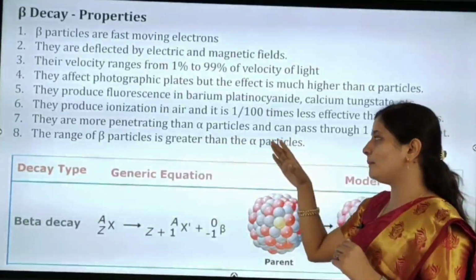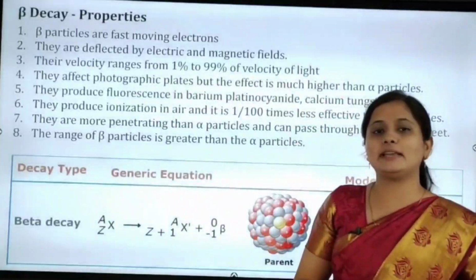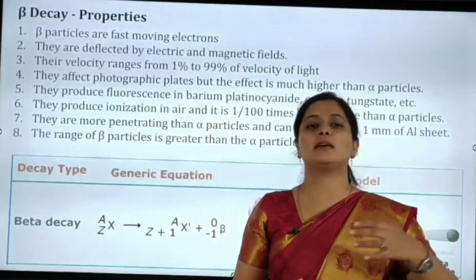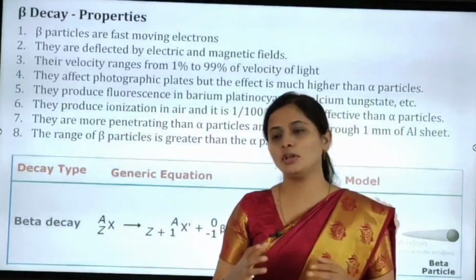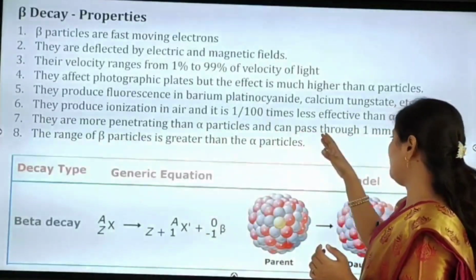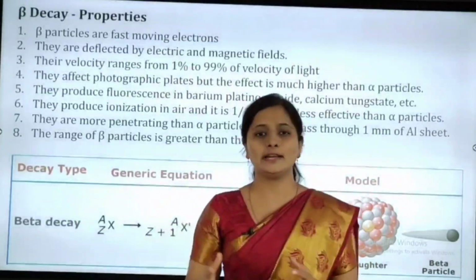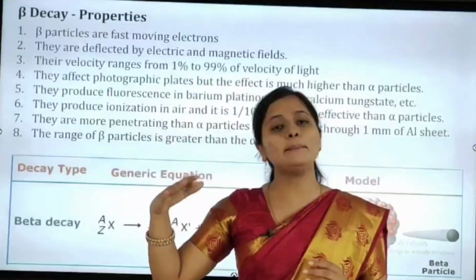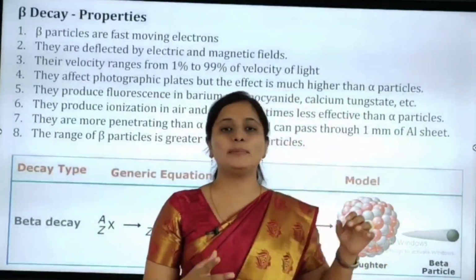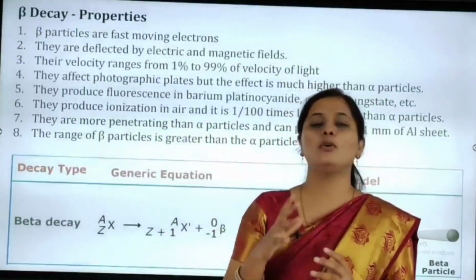Next, the seventh one: they are more penetrating than the alpha particle. The alpha particle is less penetrating as compared to the beta particle, and the beta particle is more penetrating. Penetration is nothing but the passing power, and the beta particle can pass through 1 mm of aluminium sheet. I already told you the alpha particle can only pass through a single sheet of paper, while the beta particle passes through 1 millimeter of aluminium sheet.